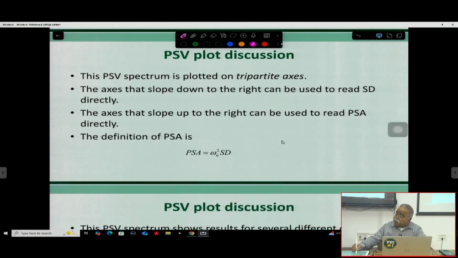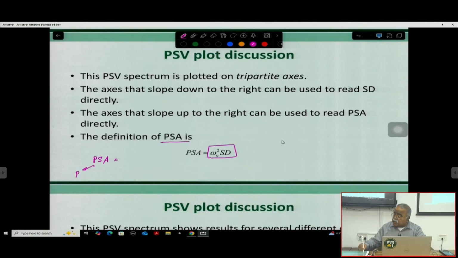Now, if you calculate the PSA, which is basically omega n squared into SD, this is the pseudo acceleration part.